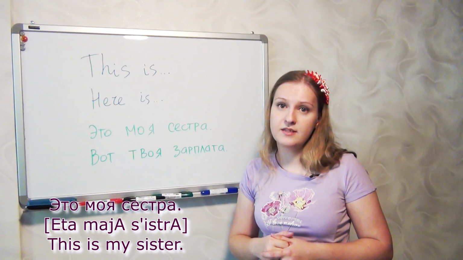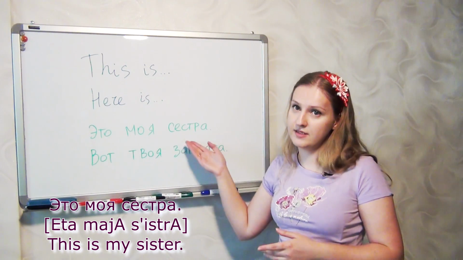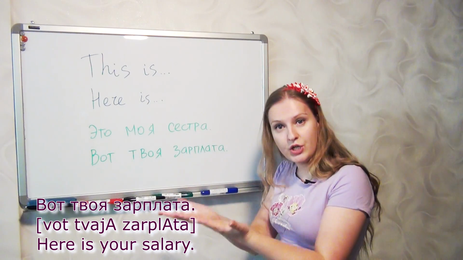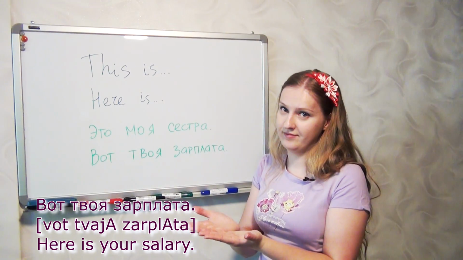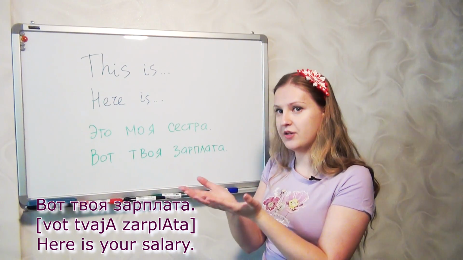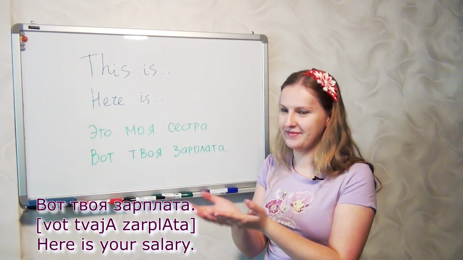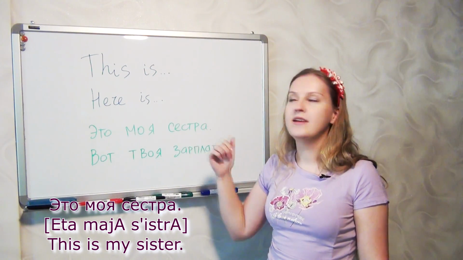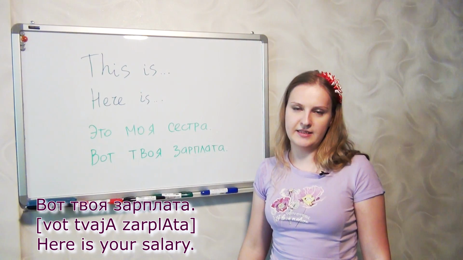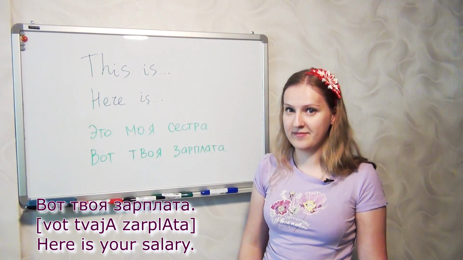This is my sister. Это моя сестра. Вот твоя зарплата. Here is your salary. Вот твоя зарплата. Here is your salary. Это моя сестра. This is my sister. Вот твоя зарплата. Here is your salary.